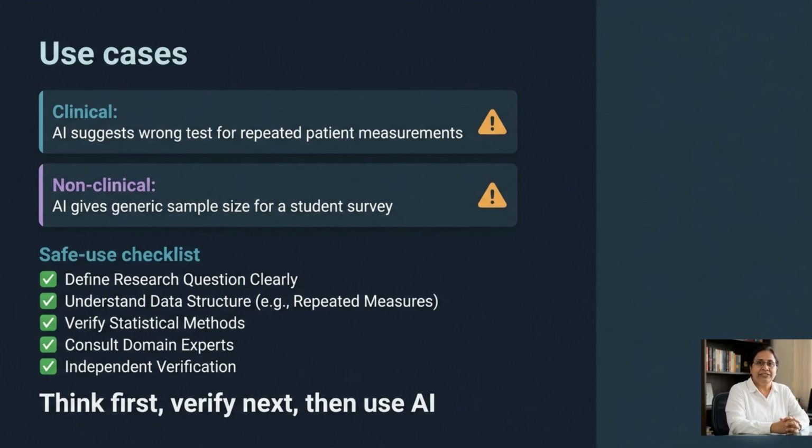So remember this clearly. AI is useful for support, structure, and speed. But if the input is unclear or the reasoning is weak, the output can also be wrong. Use AI after thinking, not before thinking. In the next video, we will complete this series by learning how to read statistical results in research papers.